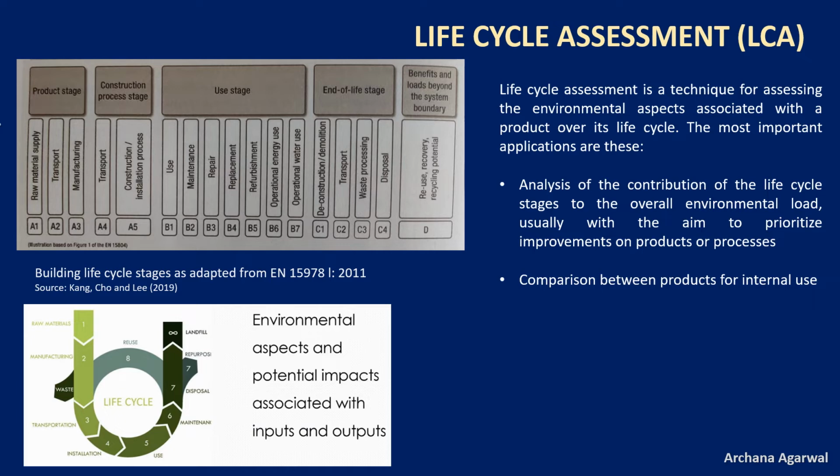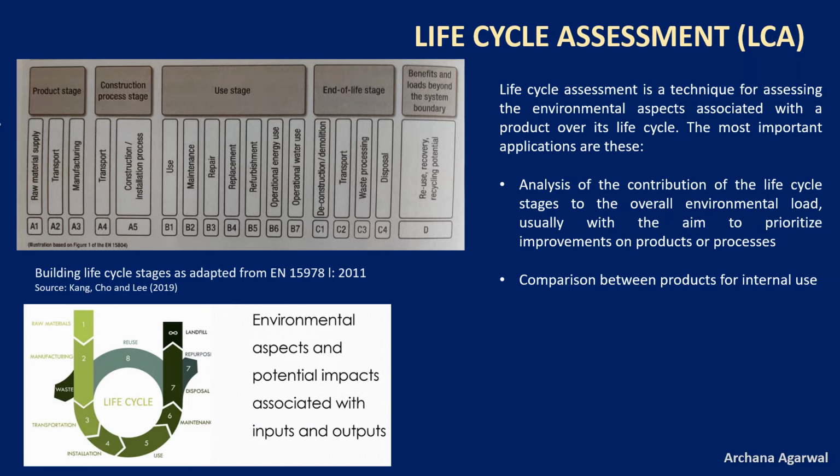LCA can be carried out for various parameters like global warming potential, depletion potential of the stratospheric ozone layer, acidification potential of land and water, eutrophication potential, formation potential of tropospheric ozone photochemical oxidants, abiotic resource depletion potential for elements and fossil fuel.